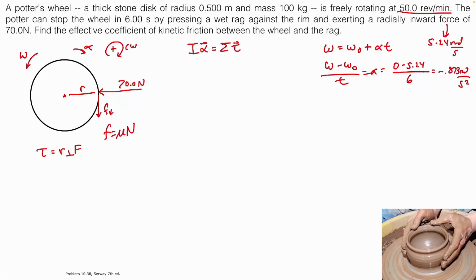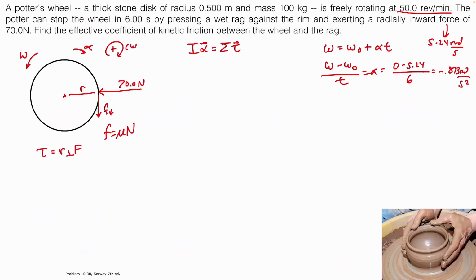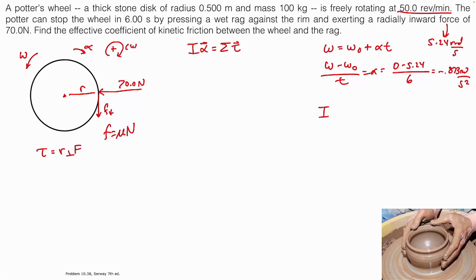Moment of inertia. Well, is it mass times radius squared? So the potter's wheel, right? Solid, flat, stone, or synthetic disc. Yeah, it's going to be this one, isn't it? It's going to be that right there, 1/2 mr squared. So my moment of inertia in this problem is 1/2 mr squared. They give me the mass, 100 kilograms, and they give me the radius, 1/2 meter.